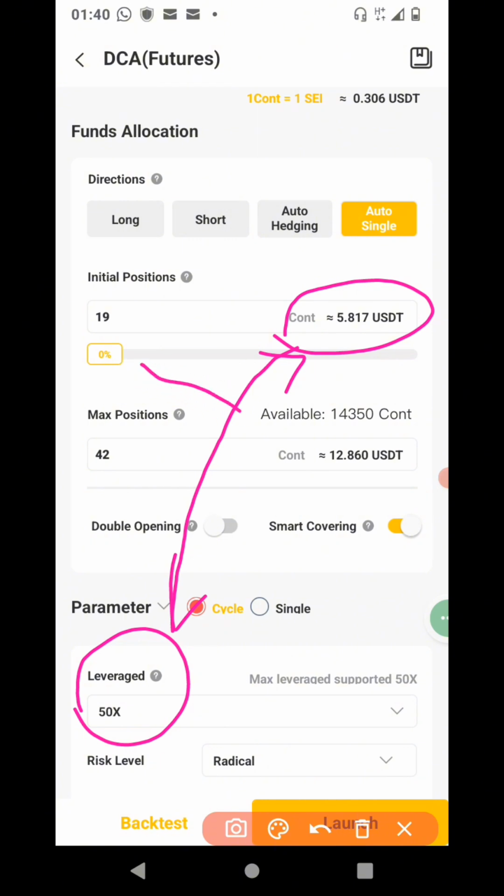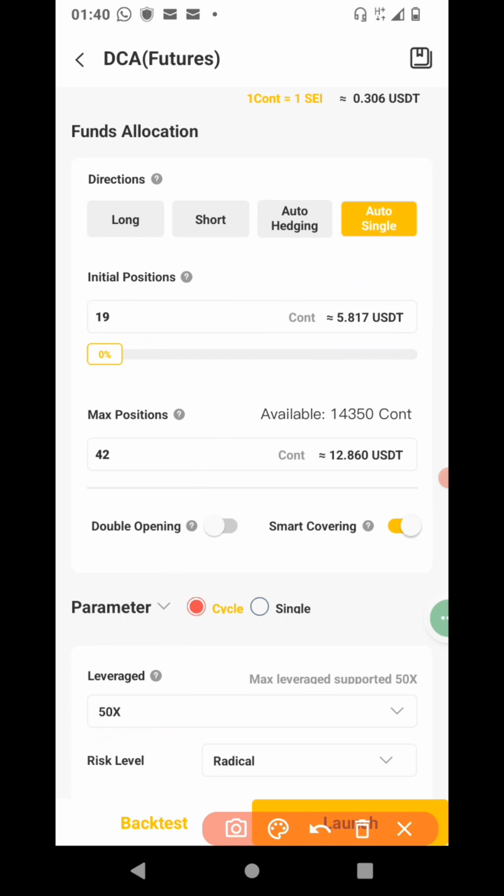I told you before, you use the slider, or you use the edit button for the 19 that is there. Just make sure you adjust either of them till you find 50, which is our leverage in the initial position contract. There's actually a formula that can calculate what you need to put here to get 50. But let's not complicate things because this video is for newbies and beginners. All right, we want to see 50 here.